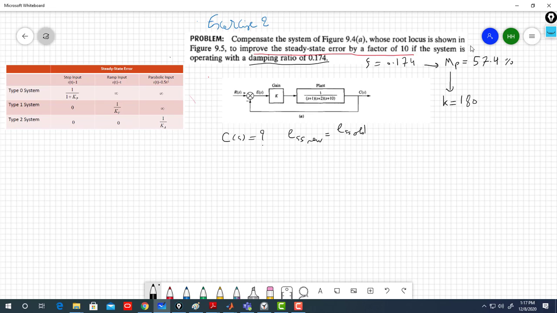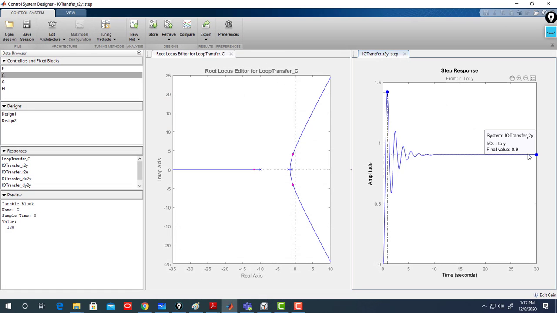So that means, after adding the compensator, versus before adding the compensator. The old is before adding the compensator, which is now. The old steady state error is the current steady state error, which is 0.9.